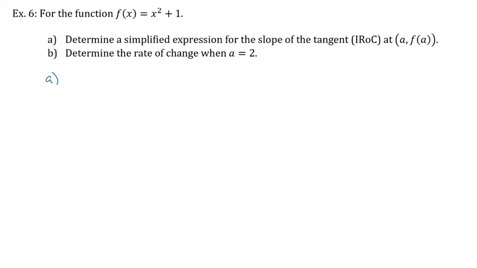So I'm going to get started. All I'm going to do is write out the formula. I know you're trying to copy down the question. You can copy it down after too if you want, of course. Slope of the tangent equals a limit as x approaches a of f at x minus f at a over x minus a. The difference is I don't have an a value.